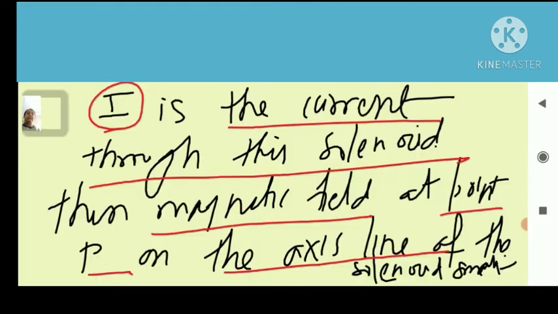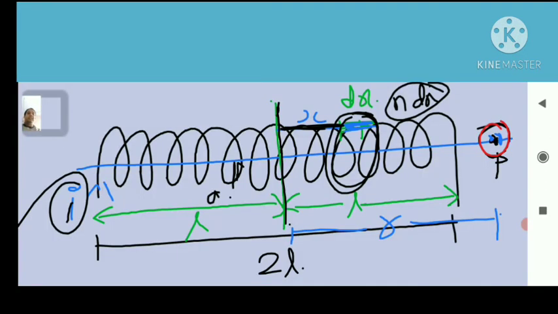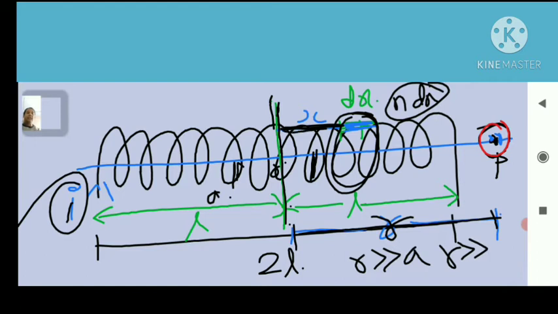Here r is the distance of point P from the center O. It is a very far distance as compared to the radius of this coil, so r is much greater than a, and also much greater than x, the distance of the small element from the middle point.